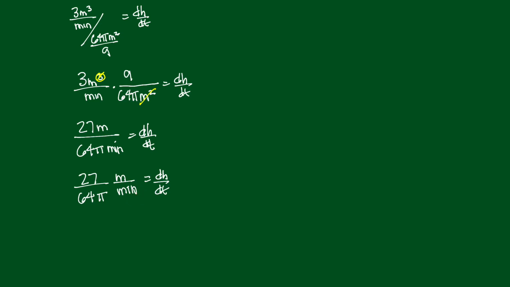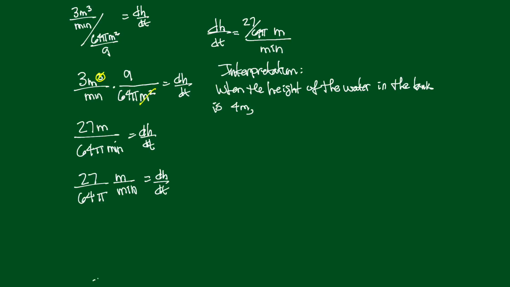I'm going to rewrite it slightly to look like this. I'm going to say that dh dt is equal to, now I'm going to write it like this, 27 over 64 pi meters per minute. That makes it easier for me to make an interpretation. So let's interpret this. So here's what I'm going to say, because everything starts here at the height is 4 meters. So let's say that when the height of the water in the tank is 4 meters, now let's write our changes.